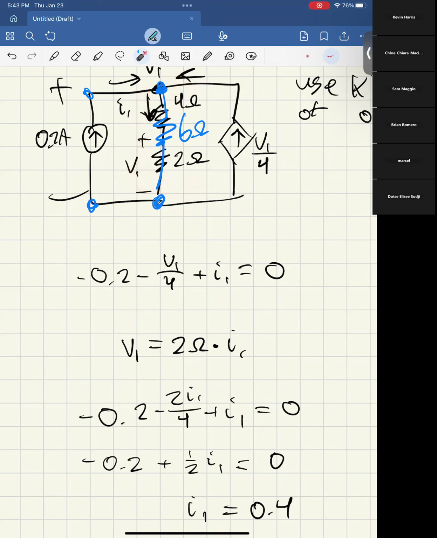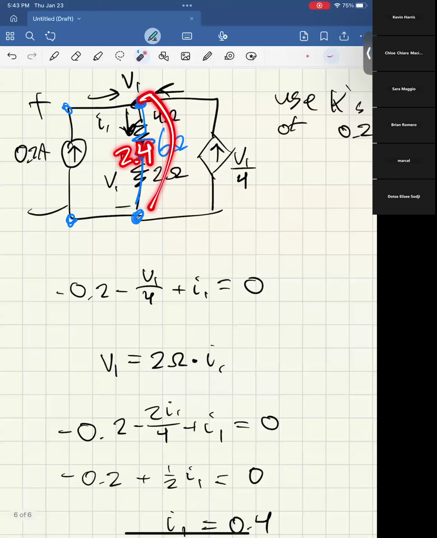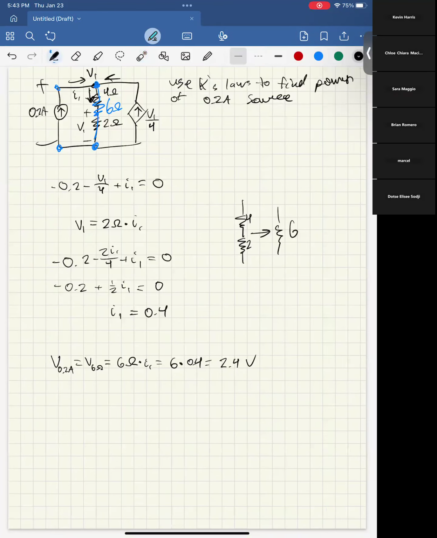So then if we have a 2.4 volt drop from here to here, that means we have the same 2.4 volt drop from here to here. And now we basically end up with the same thing that we've done for all these questions. If I zoom in on that 2 amp source, we have current going this way, and here we have voltage rising in the direction of current.